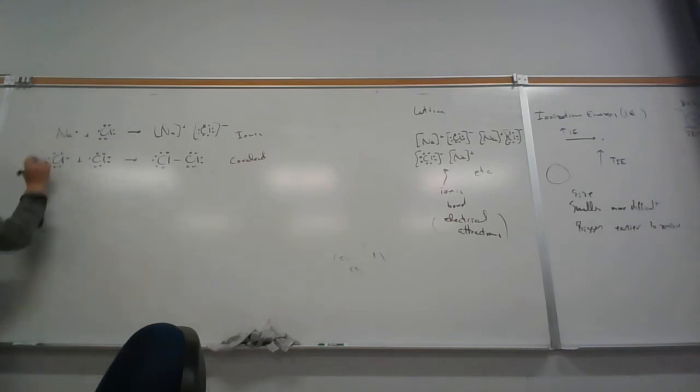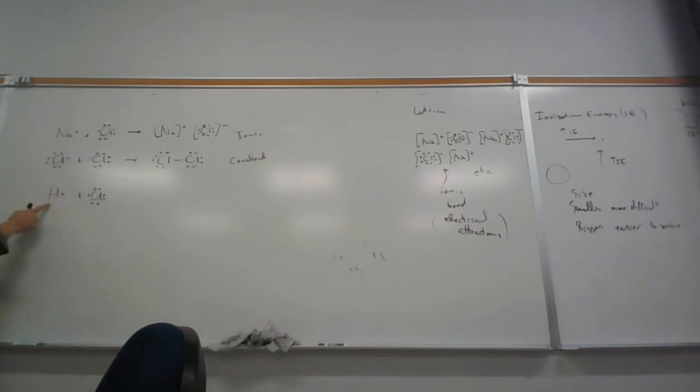But what if we have something like hydrogen and chlorine react? Is chlorine strong enough to take the electron from hydrogen? Well, hydrogen's ionization energy is a lot higher than sodium's.